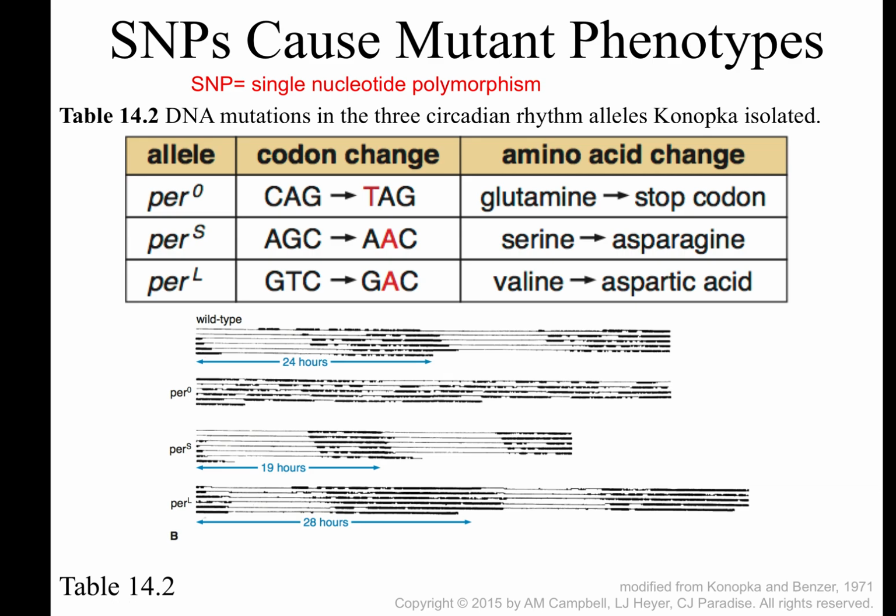So what are these mutations? They are called SNPs. SNP stands for single nucleotide polymorphism. So single nucleotide, just one nucleotide is changed between the wild type and the mutant. And then polymorphism means that in a population, you can have different individuals with different nucleotides at that particular site.